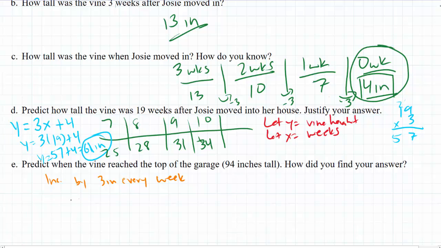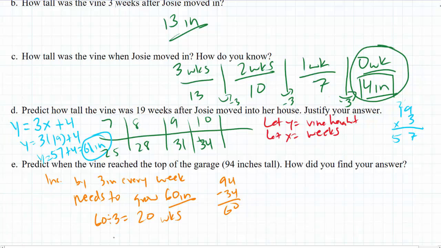So we need to go, needs to grow how many more inches? Well, 94 is what we want. Minus 34 to get 60 inches. Okay, well, how many weeks does it take to grow 60 inches? Well, if it grows 3 inches every week, we know we could divide 60 by 3 to get 20 weeks. It'll take 20 weeks to grow 60 inches.